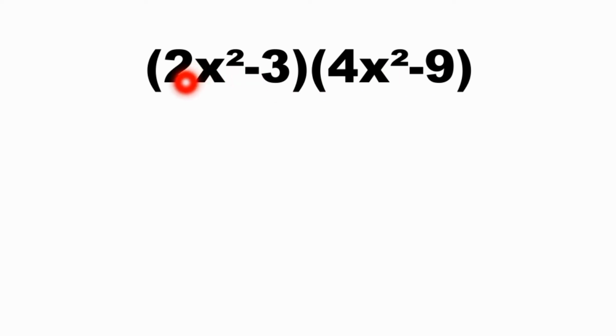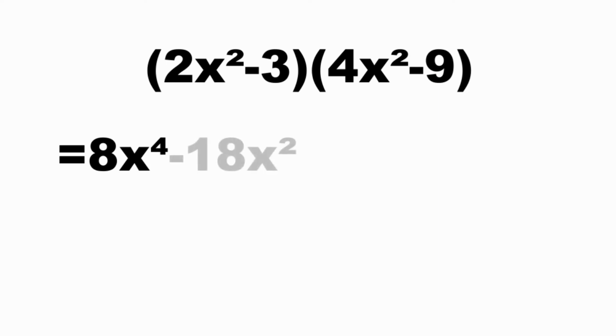So FOIL: 2x squared times 4x squared is 8x to the fourth. 2x squared times negative 9 is negative 18x squared.